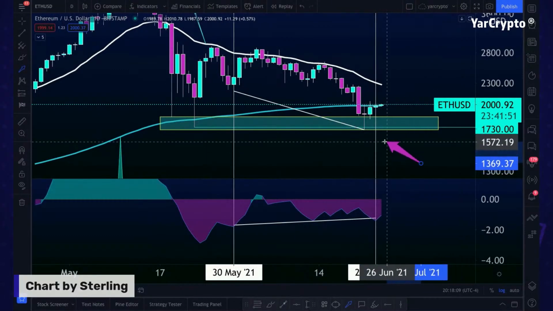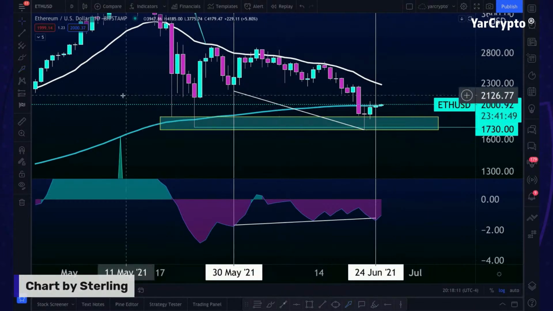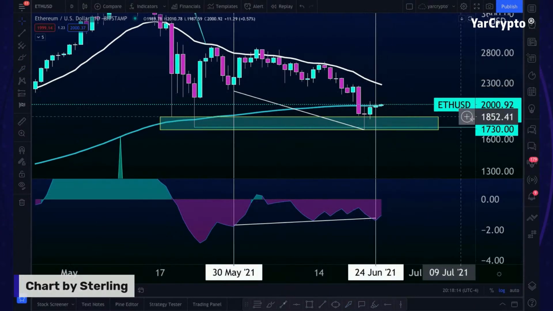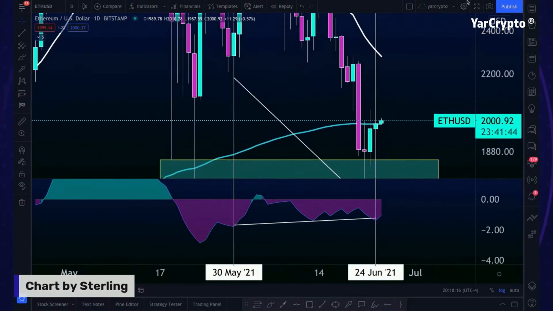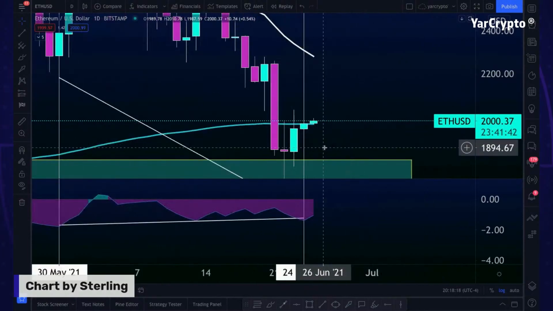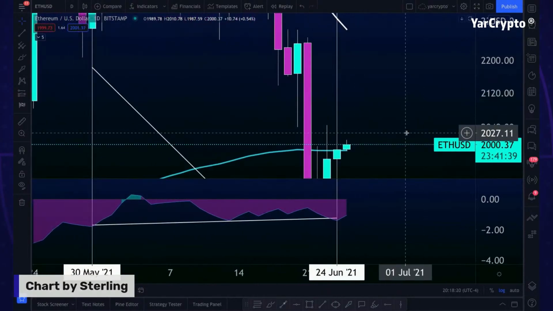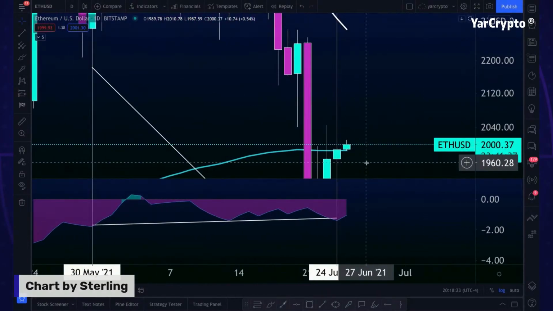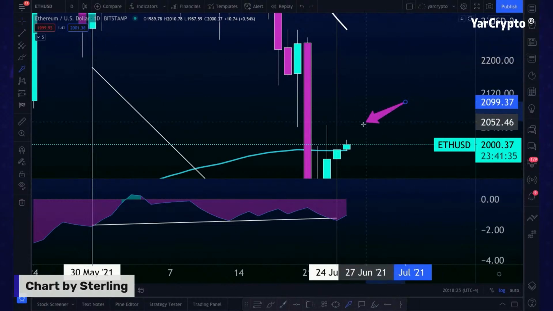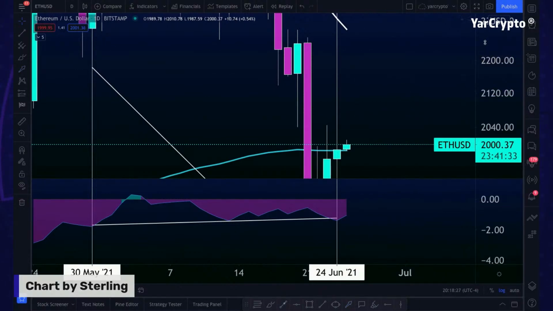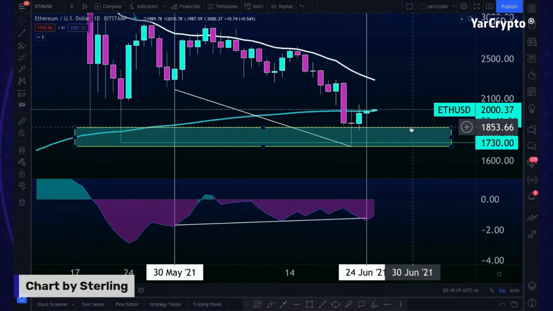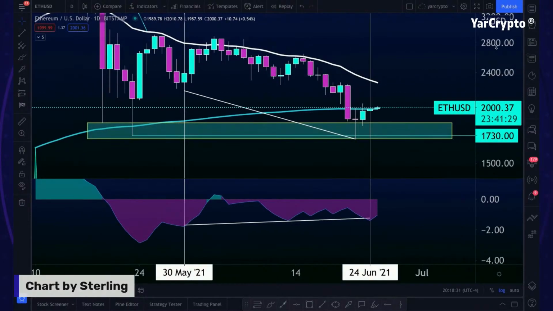That bounce is really interesting because if we can manage to break above this 200 EMA, and we have been sitting above it for the majority of the day, right above, we could get this candle to print above this 200 daily EMA. That will be very interesting to keep an eye on. So, just a bullish divergence forming on the Ethereum daily chart I wanted to point out.